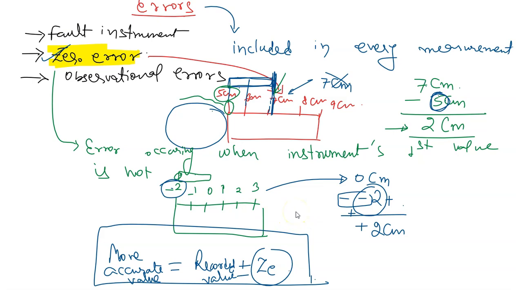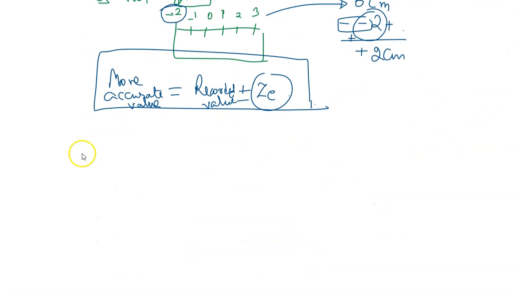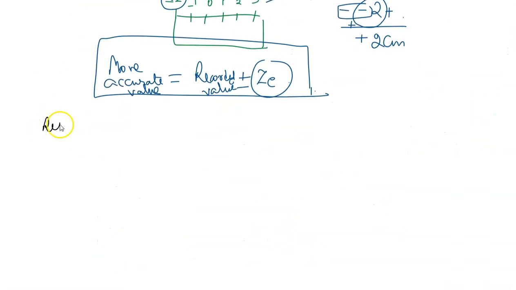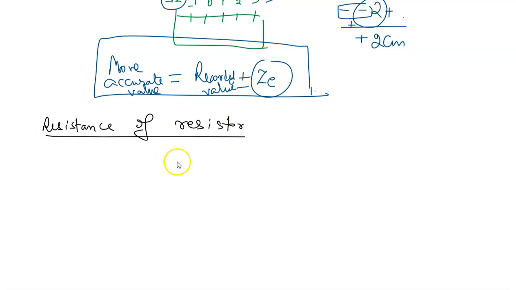And let us see how we analyze the quantity. So let us say I have measured the resistance of a resistor. We know resistance of a resistor is measured in terms of ohm. So let us say some value I measured, it came out to be 12 ohm. But this is not the correct way to produce the result if I am talking about the experiment.